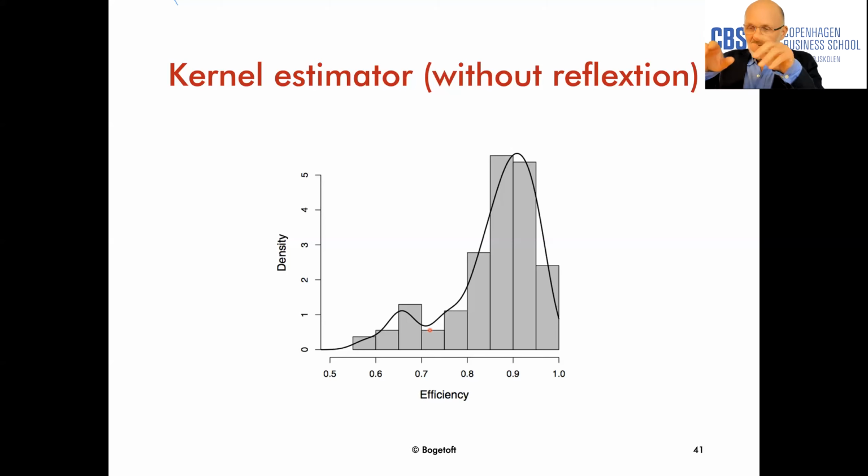So basically, around every point, you create a normal distribution, and in that way you spread out. You say that, okay, we have observed it at 0.7, but really it comes from this. We spread out the mass of that point with a normal distribution, you can say.